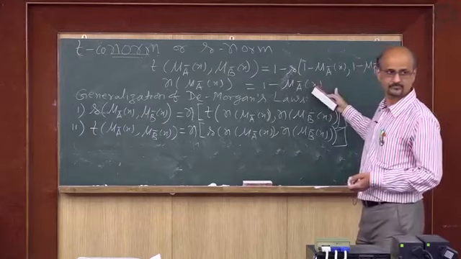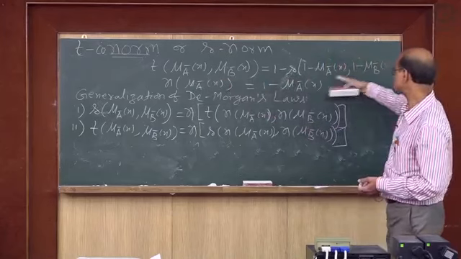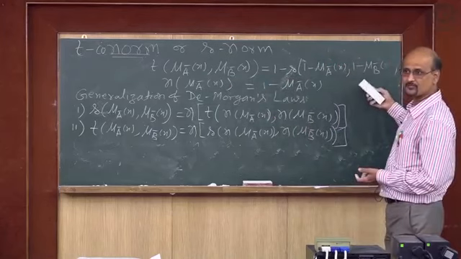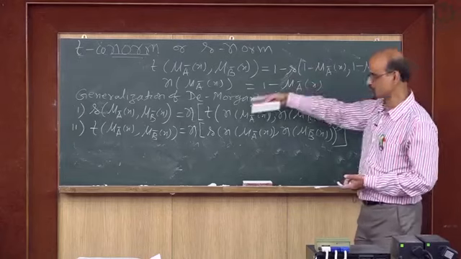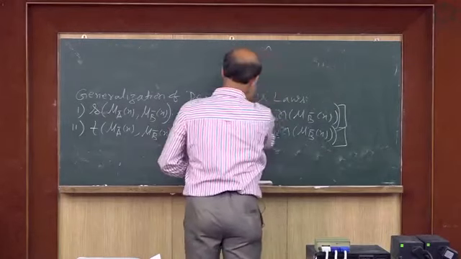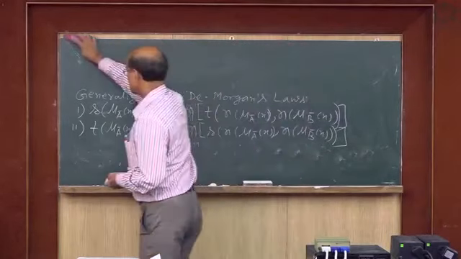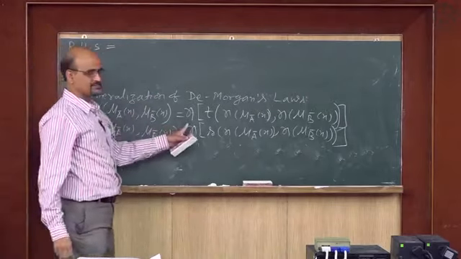Remember this, t of mu a bar x, mu b bar x is equal to 1 minus s of 1 minus mu a bar x, 1 minus mu b bar x, and this negation. Using these two properties we will prove this. So, let us start from the RHS of the first one. RHS is your negation of this.